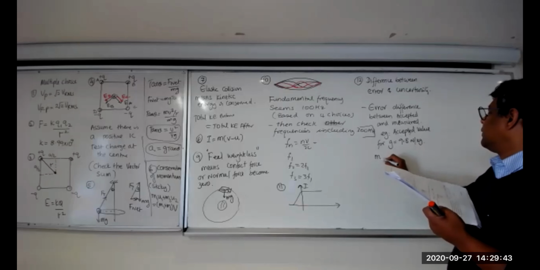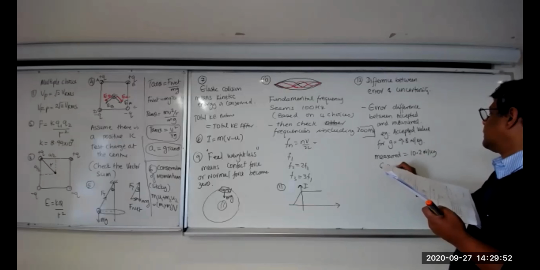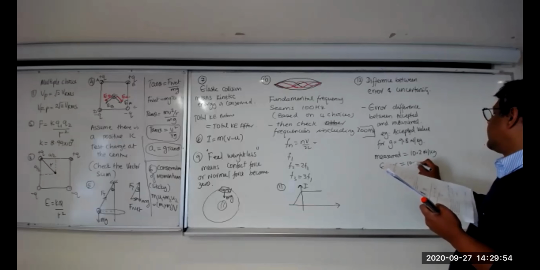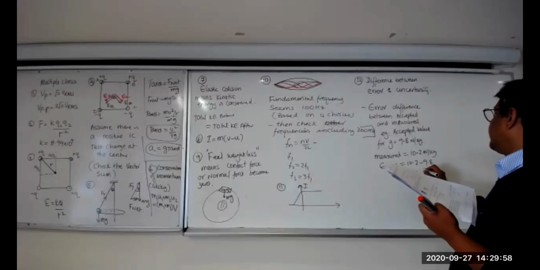Your measured value, say 10.2. So the error in your measurement, you can say that is 0.4.